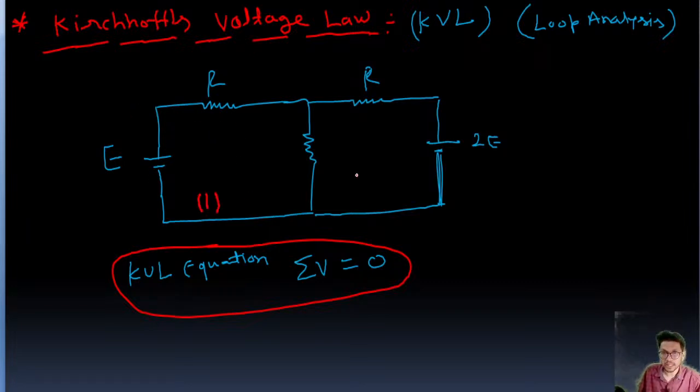Now what we are going to do is consider this as loop 1 and this as loop 2. We are taking the current direction clockwise, and this one also clockwise. Now how we use it: if it goes from minus to plus, then the sign of voltage is going to be plus.